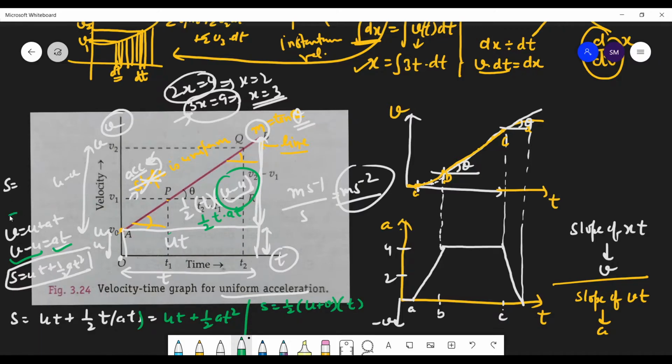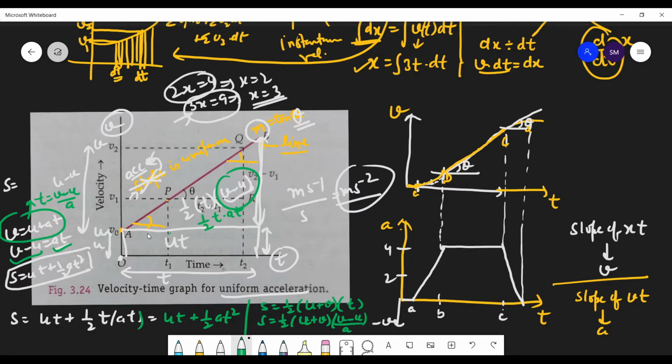From here, what do you get t as? t is equal to v minus u upon a. So replace it with half into (u plus v) into (v minus u) by a. So this 2a will go that side, 2as, and that is equal to v square minus u square.